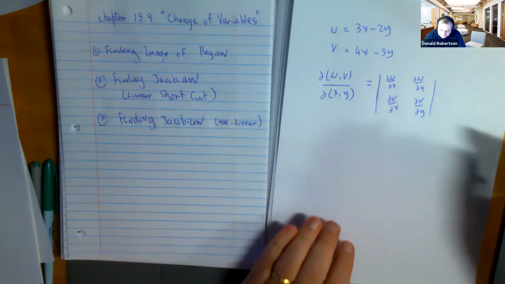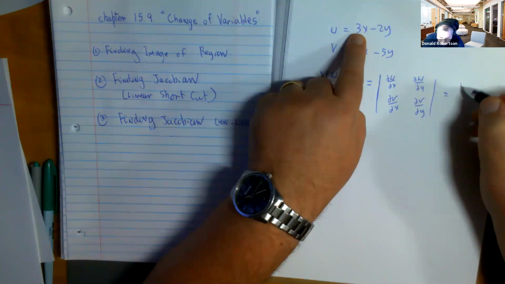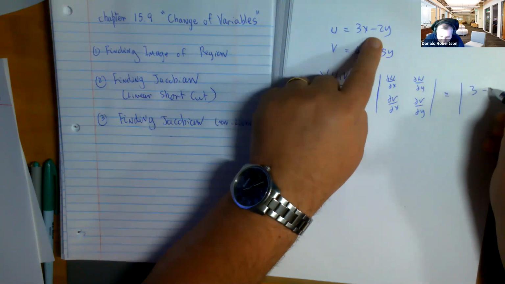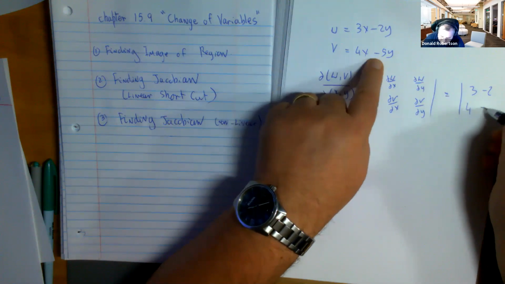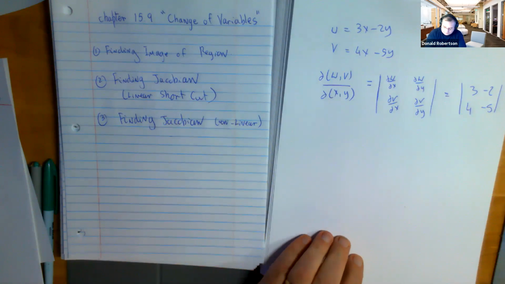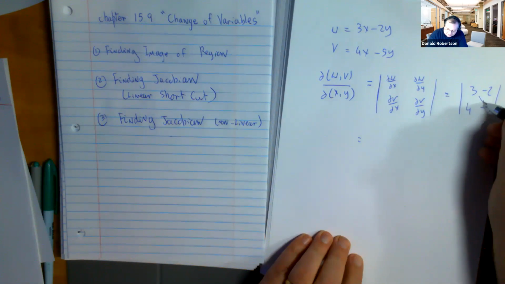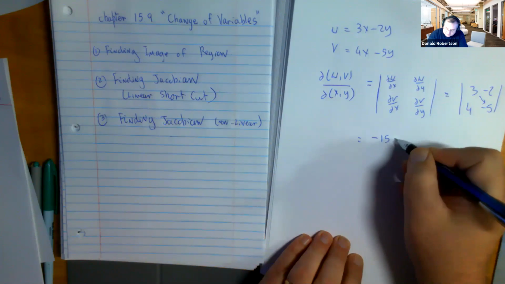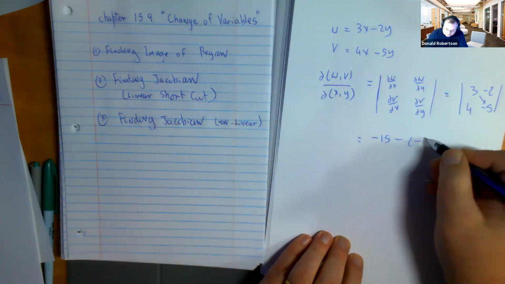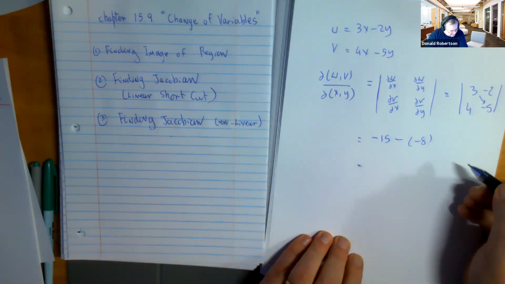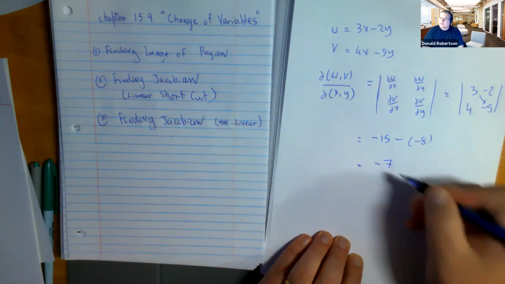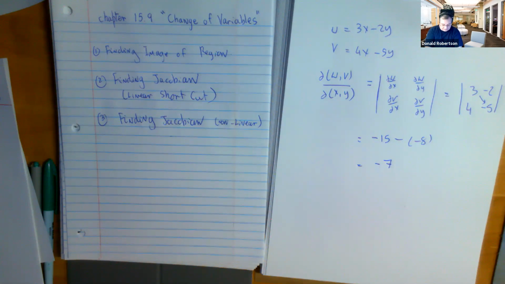Right. Now, 3, -2, 4, -5. Major diagonal, -15. Take away -8. And that guy gets me negative 7.